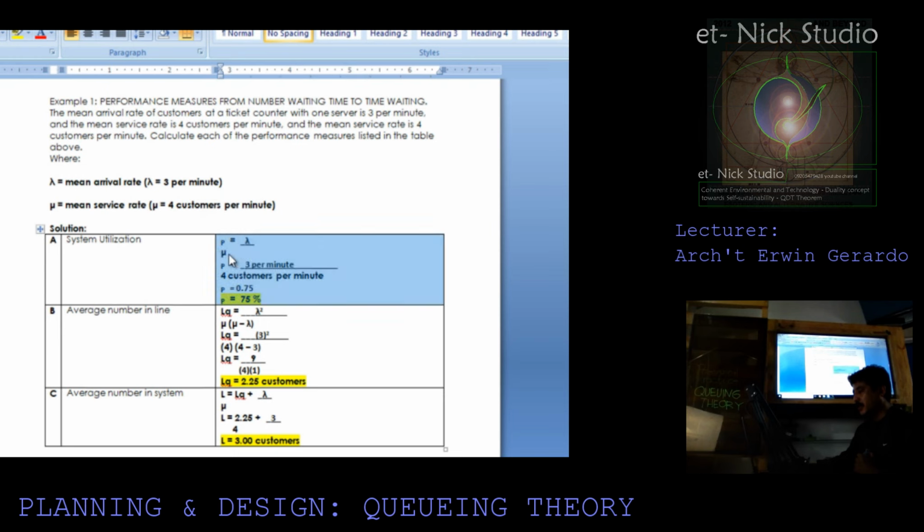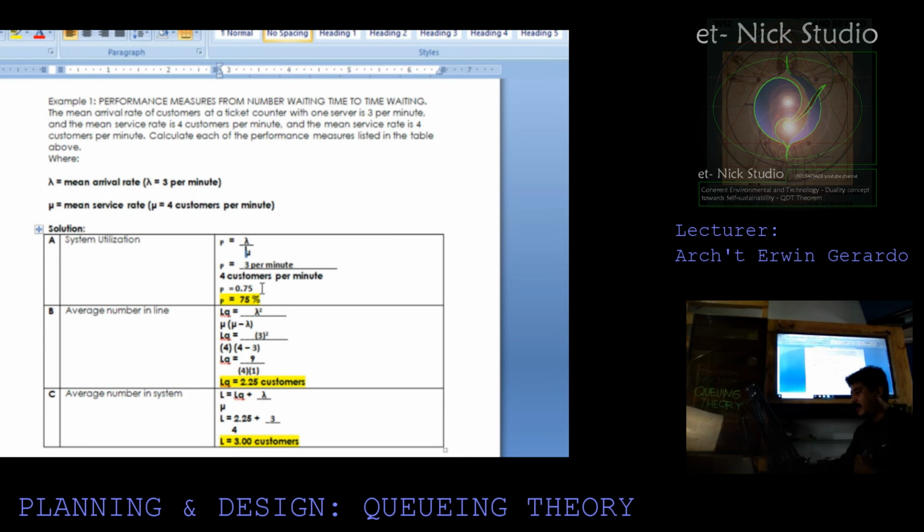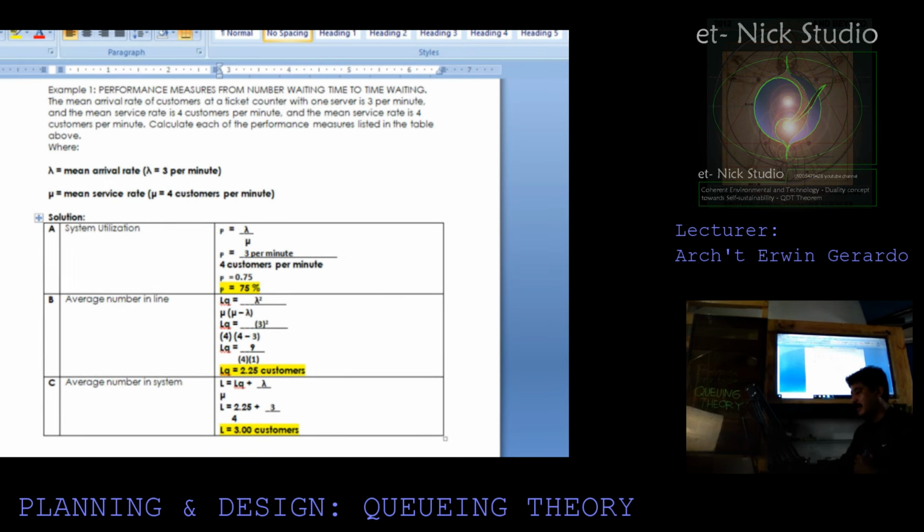So if you apply the formula given a while ago, under system utilization, we denote the mean arrival rate alpha as 3, and for the mean service rate mu, it is 4 customers per minute, which gives 0.75 or 75%.